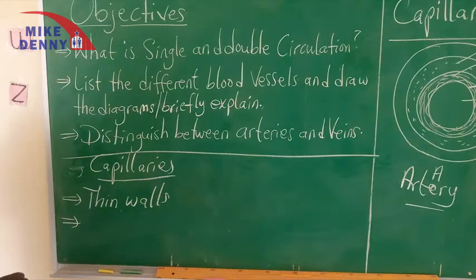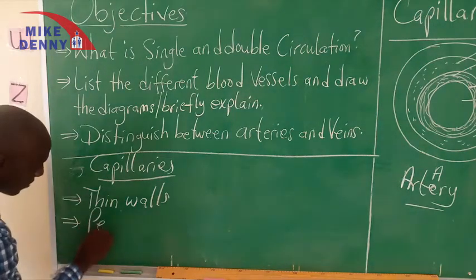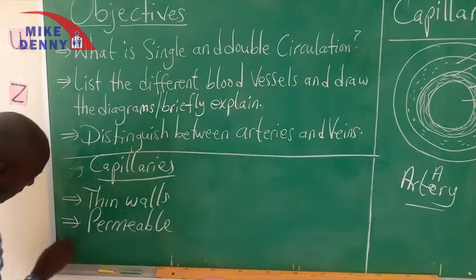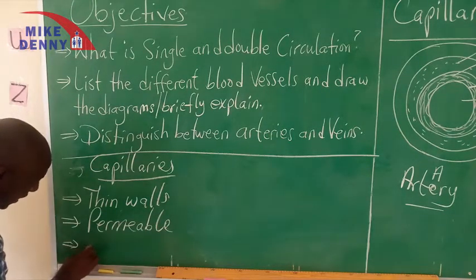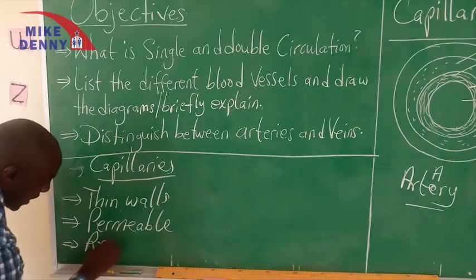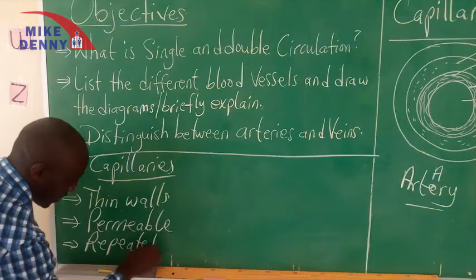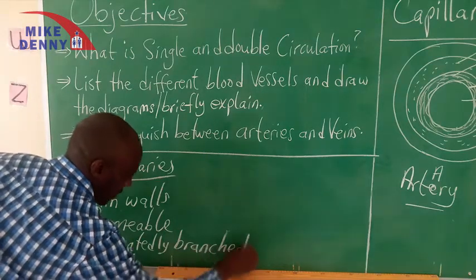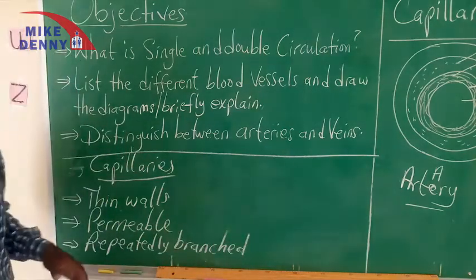Next, the capillaries are permeable. Next, the capillaries are repeatedly branched. These are three key things about capillaries.